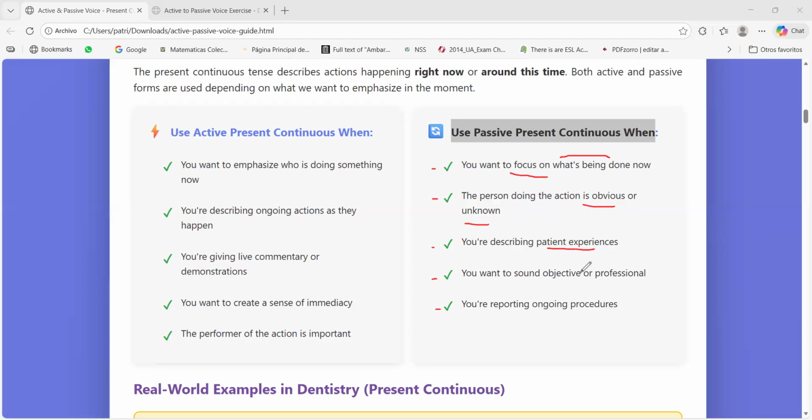Patient experiences, objective and professional, formal senses. Yes, ongoing procedures, procedures in progress, right? Okay, my dear students, do you have any comments?